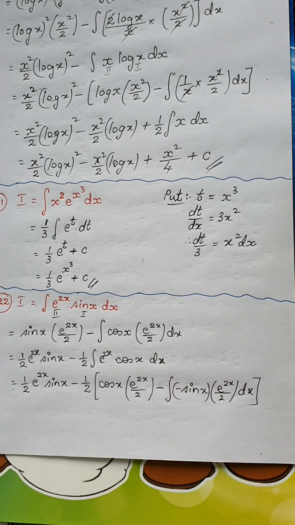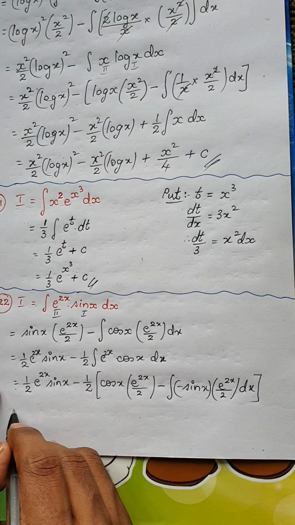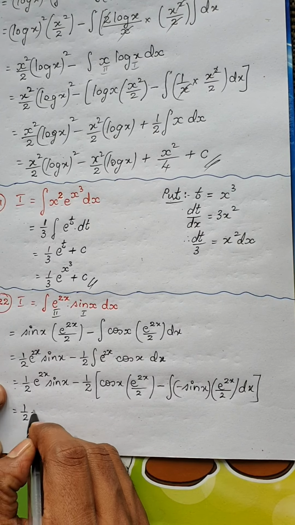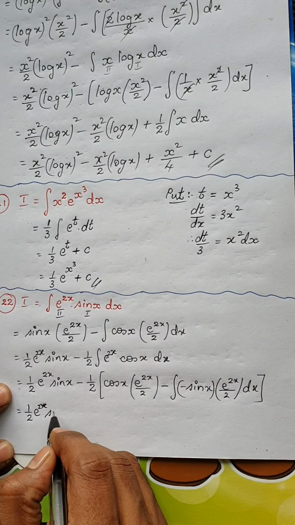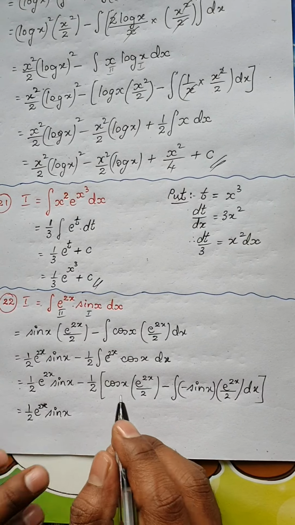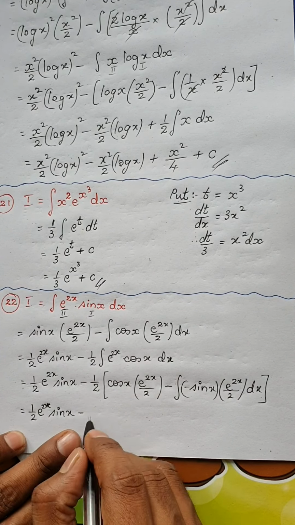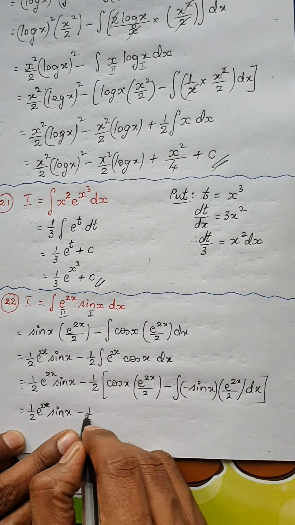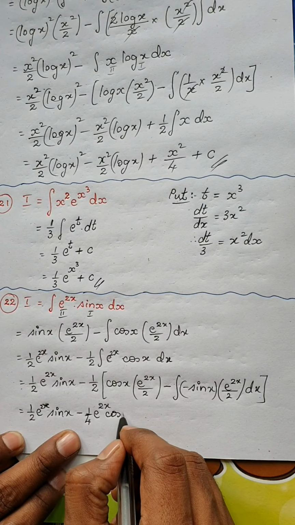Is it clear? Right. Next, this is nothing but 1 by 2 into e power 2x into sin x, minus, I have 1 by 2 here, another 1 by 2 is outside, so I can write it as 1 by 4 into e power 2x cos x.